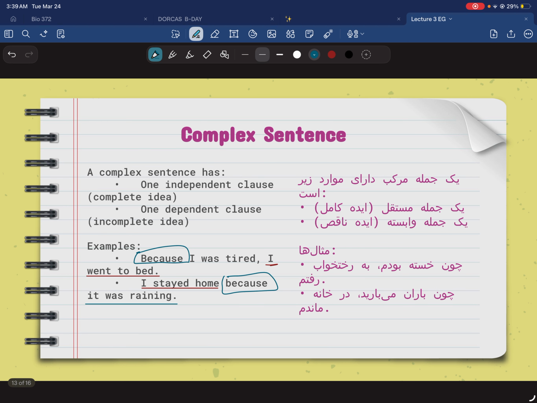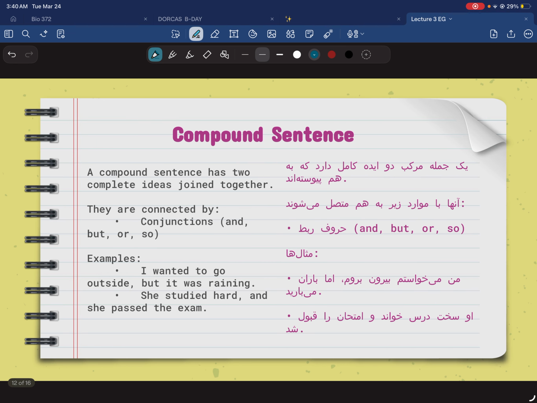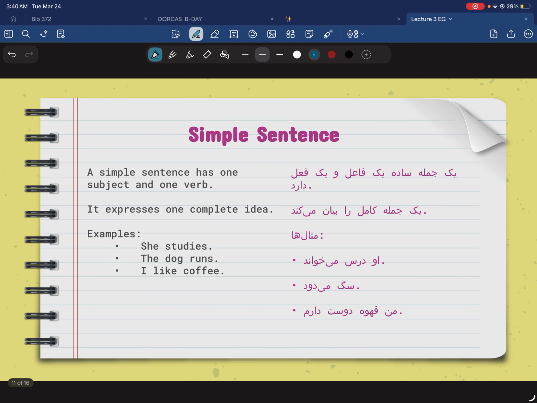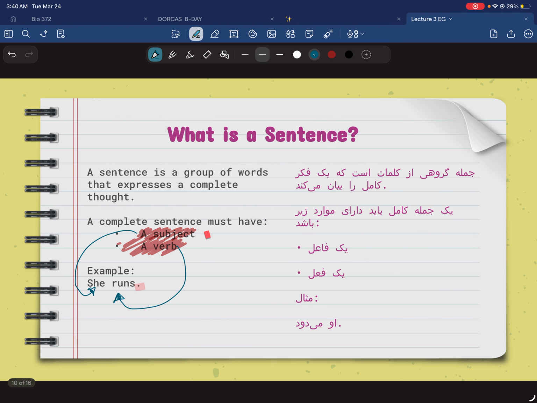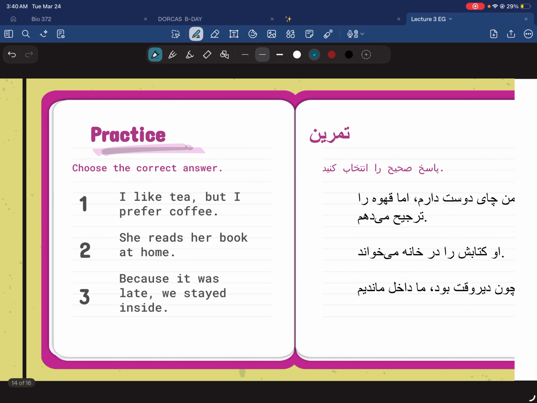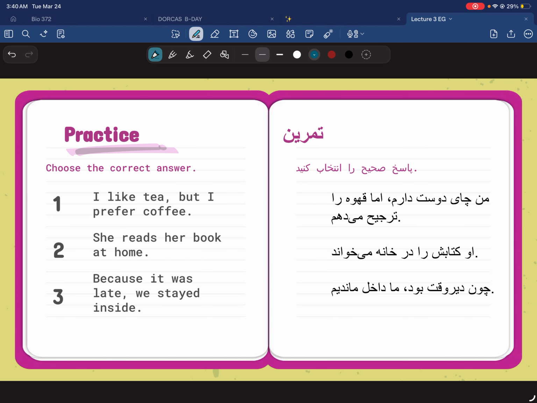We learned about complex sentence, which is an independent clause, which is a complete idea and an incomplete idea. And then we learned about compound sentences, which is going to be two complete ideas. And we learned about simple sentence structures. All right. So which one of those three is it?